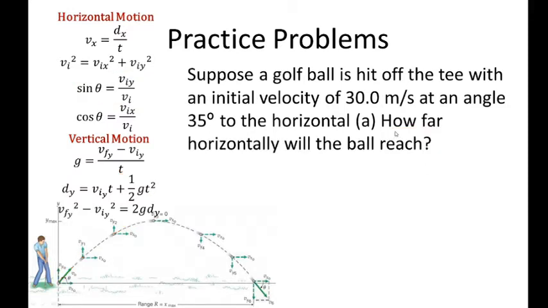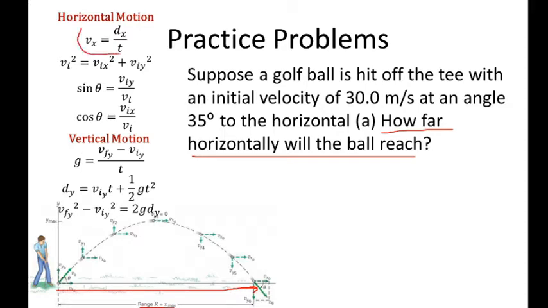So next, how far horizontally will the ball reach? We are now asked for the range, or the x max, or how far the ball will reach horizontally from this starting point to that side right there. So we are now asked for dx.